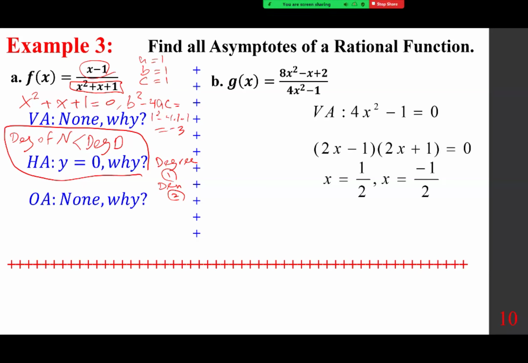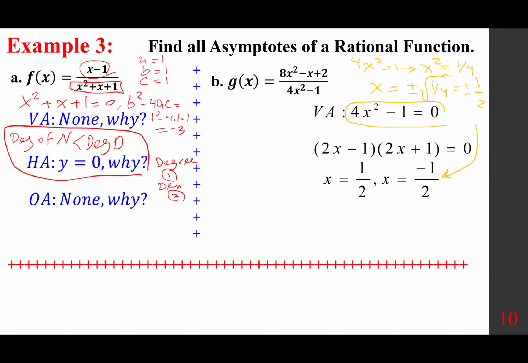Or the second method: 4x squared equals 1, x squared is 1/4, x is plus minus the square root of 1/4, which is plus minus 1/2. In other words, you have a choice, and you can do it either way.